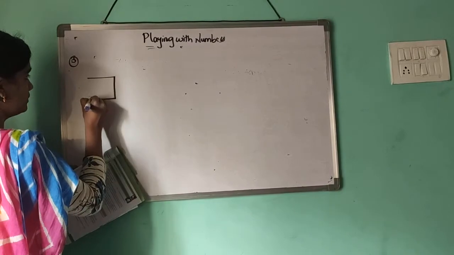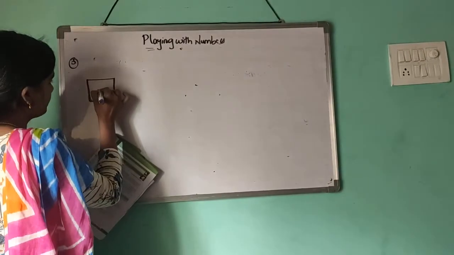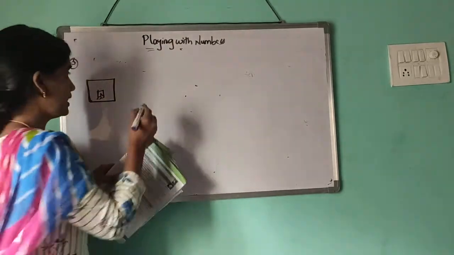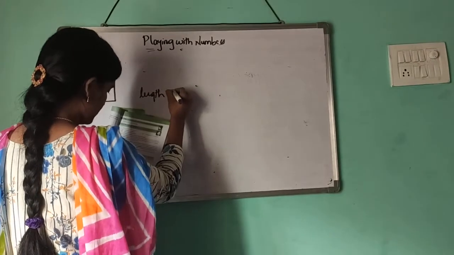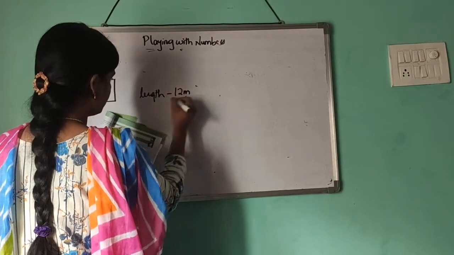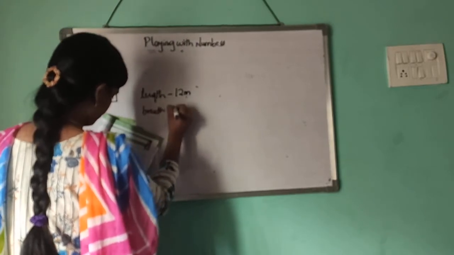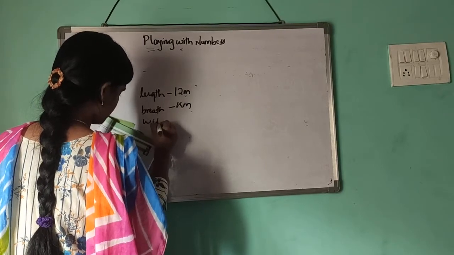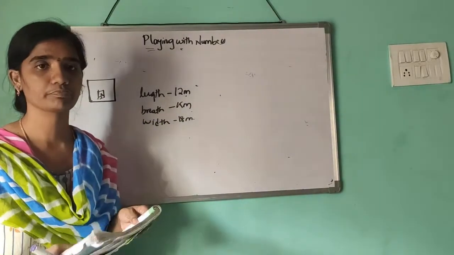Here, one room is given. In this room, the length is 12 meters, breadth is 15 meters, height is 18 meters respectively.